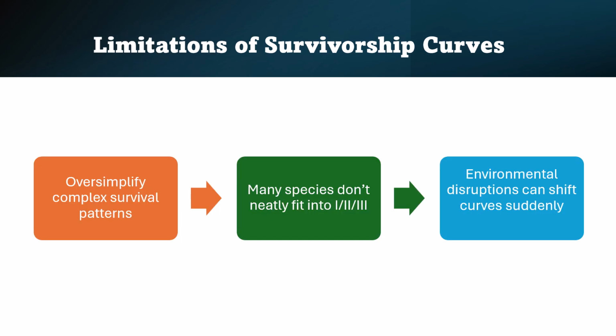Of course, not everything fits neatly into three categories. Many species show patterns that shift over time or combine aspects of different curves. Humans in developing countries, for instance, may still suffer high infant mortality, which is a type 3 trait, but also live relatively long lives if they reach adulthood, more like type 1.